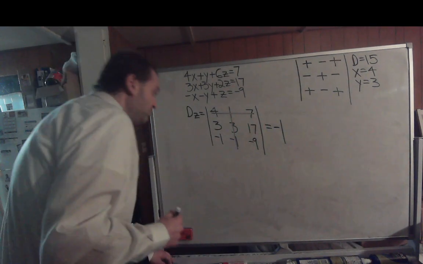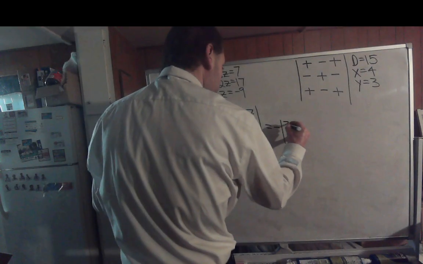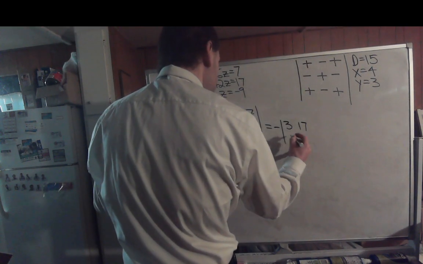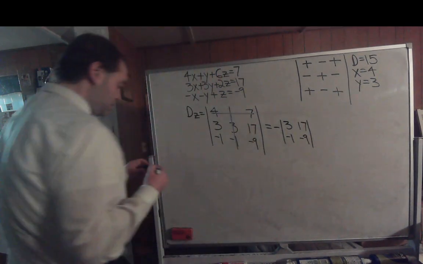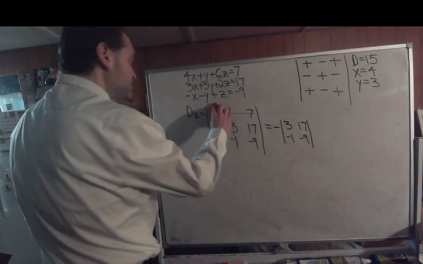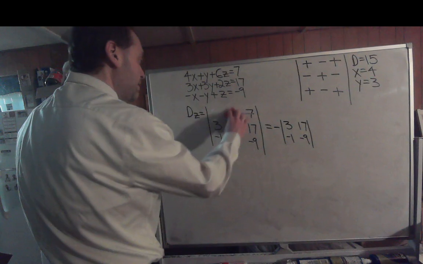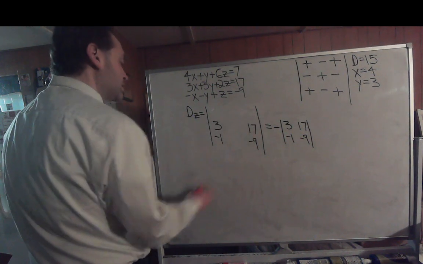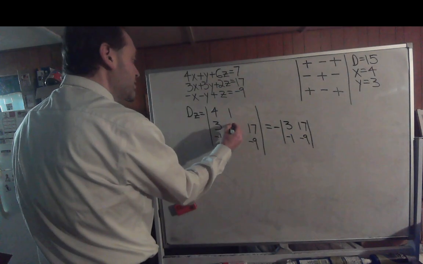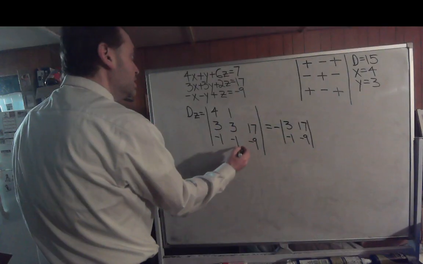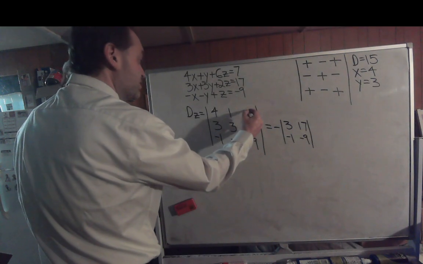So that determinant that results would be 3, 17, negative 1, and negative 9. All right, let's rebuild this a little bit here. So let's see, so your y's are 1, 3, and negative 1. Let's see, this is actually 7.